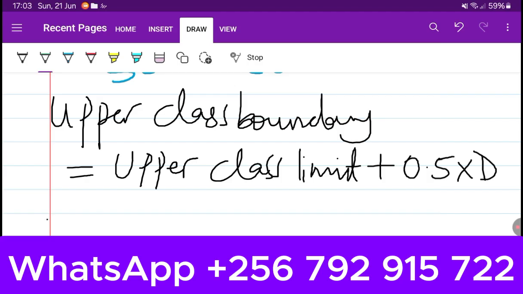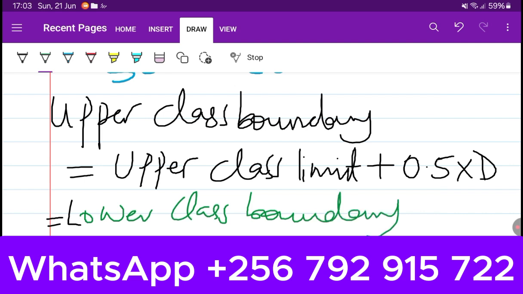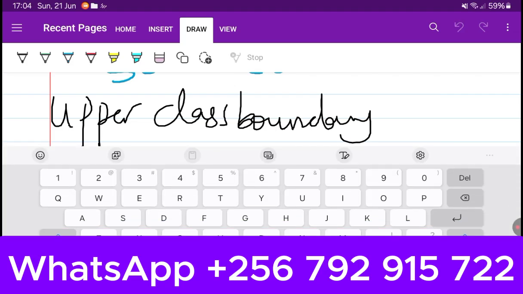Then when we are looking at the lower class boundary, we get the lower class limit minus 0.5 times d, and our d is the size of the gap that exists between successive classes.